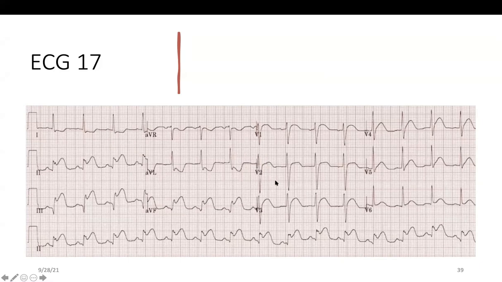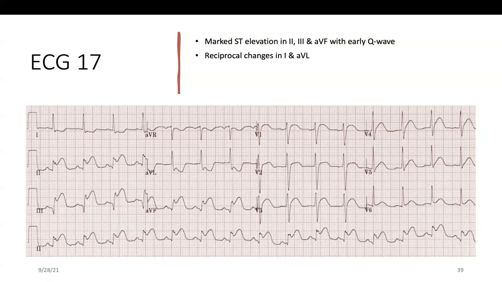And also there is ST elevation in almost all the chest leads, V1, V2, V3, till V4. What about the ST elevation in 3 compared to 2? It's more than 2, so it's going with ST depression in lead 1, which goes with RCA. Exactly. What does the ST elevation in V1, V2 usually indicate?